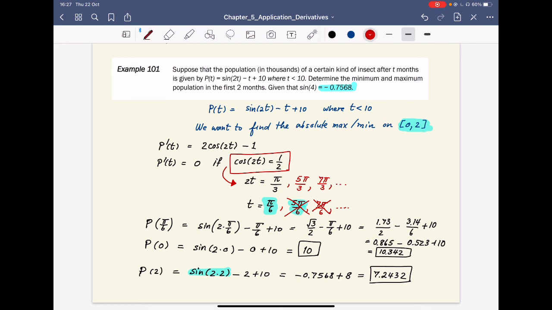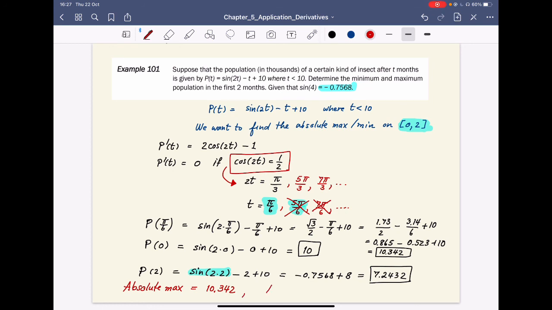So to conclude, you're going to have the absolute maximum, which is 10.342. The unit here is in thousands.